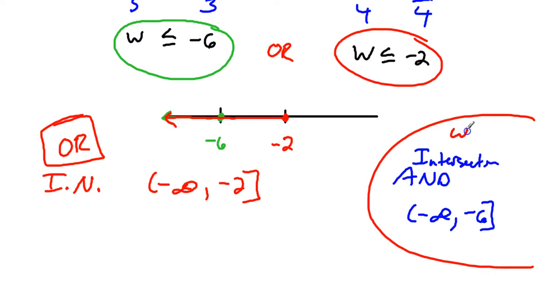This is more of a what if. So what if we had to find the intersection? Yeah, if it's an intersection, that's the AND, that's both colors. So yeah, you'd stop at -6.